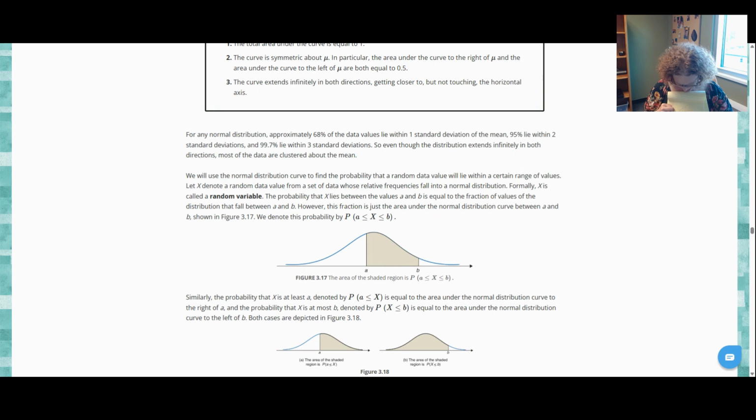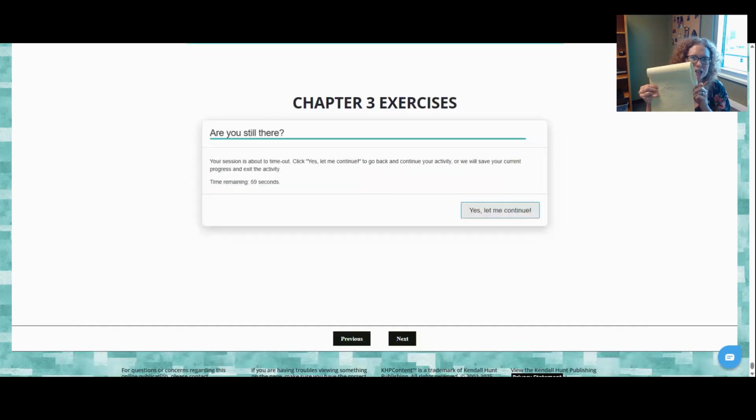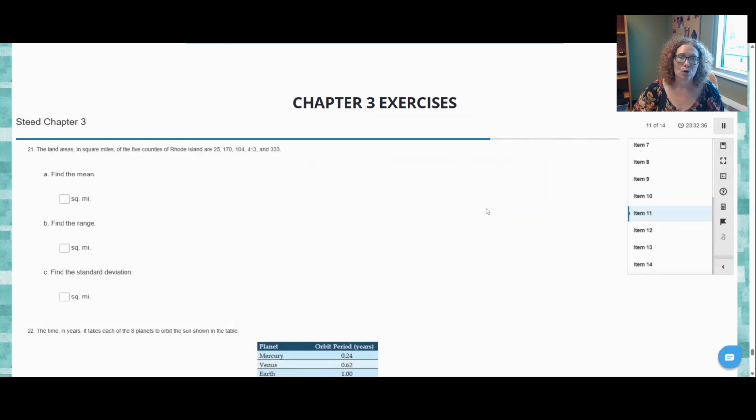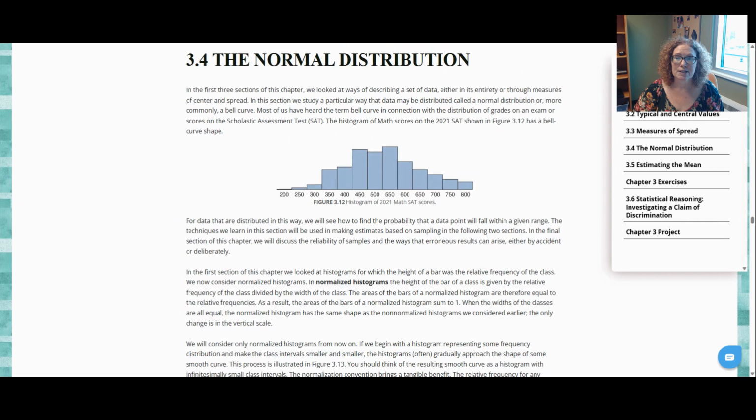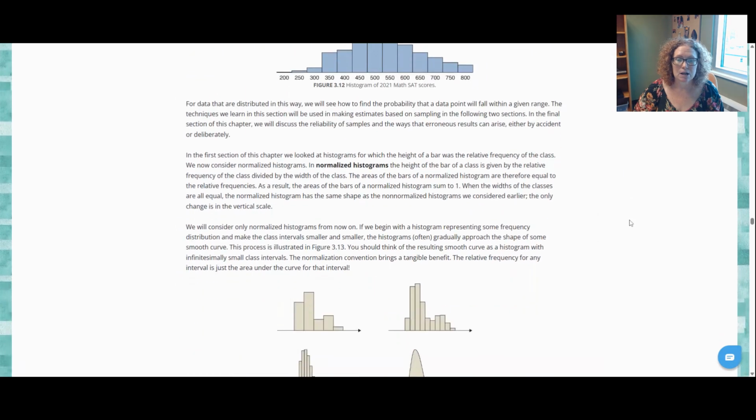This area right here is 1 standard deviation around the mean. 68% of your data will always fall within 1 standard deviation of the mean.